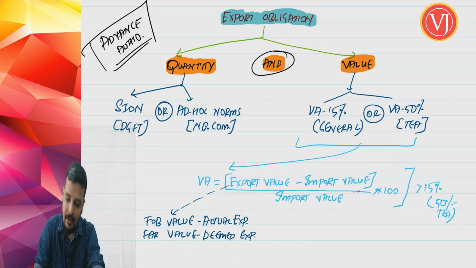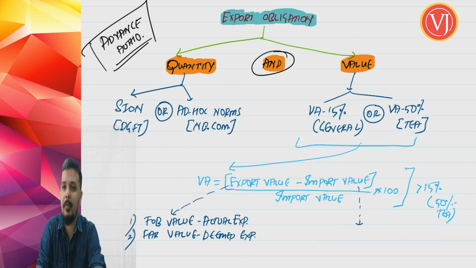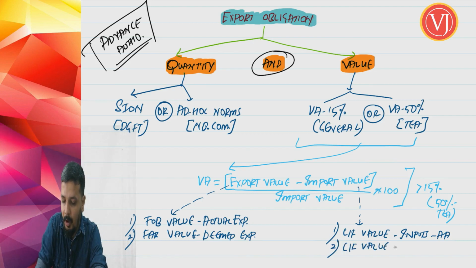And friends, when you are talking about your import value, these are the two main additions. You are talking about your CAF value of the corresponding inputs, so the CAF value of inputs imported against advance authorization, plus the CAF value of inputs on which you have paid import duty but you are going to go for duty drawback. Both.